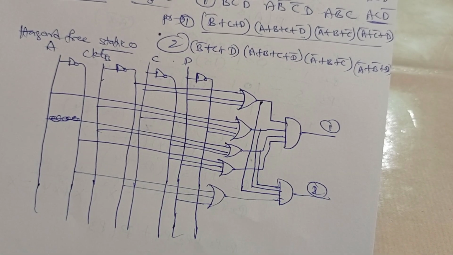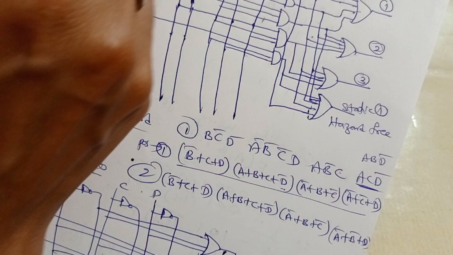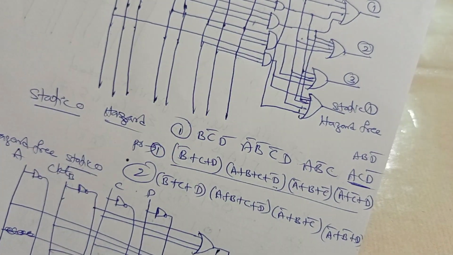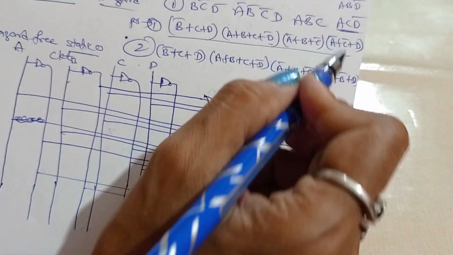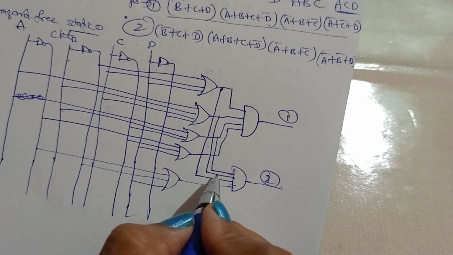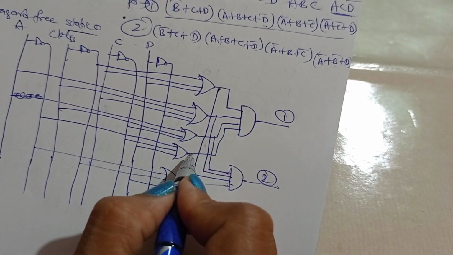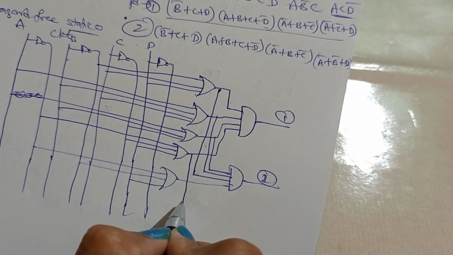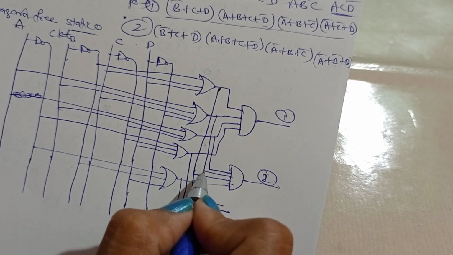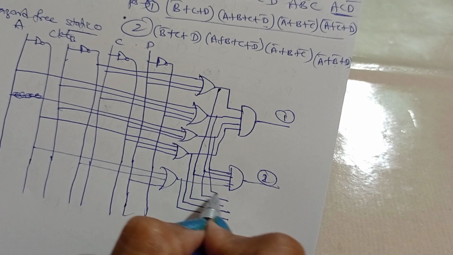Now, what is the hazard-free circuit? The hazard-free circuit is where both this and this will be included. That means these two terms will be included, all these three with this fourth, the extra one term and all the three terms.